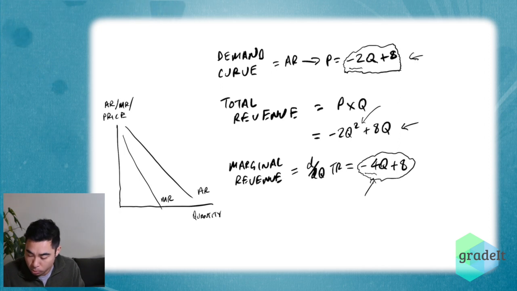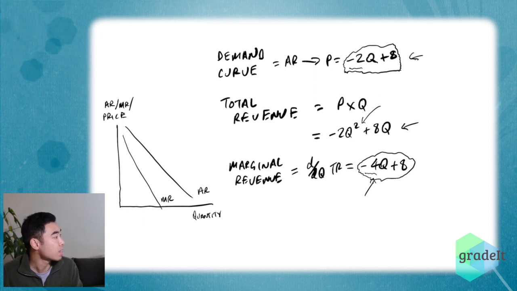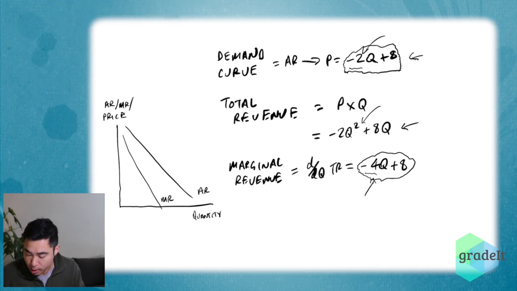But if you had minus 3 up here, then it would get turned into a minus 6, or if you had a minus 5, then that would turn into a minus 10. So whatever your coefficient is up here, it's going to double, and your marginal revenue curve is going to be twice as steep.